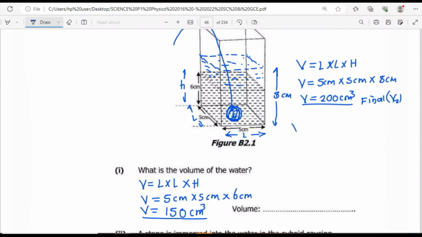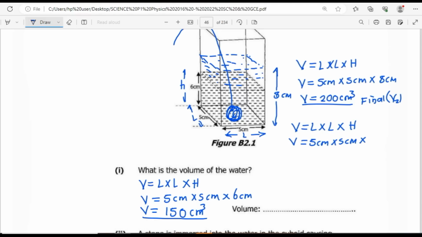Then we can also find the same final answer like this. So we'll say volume is equal to L times L times H. So the length is still 5 centimeters times another 5 centimeters. Now let's look at the height. So before the stone was immersed, the height was 6 centimeters. After the immersion, the height is 8 centimeters.